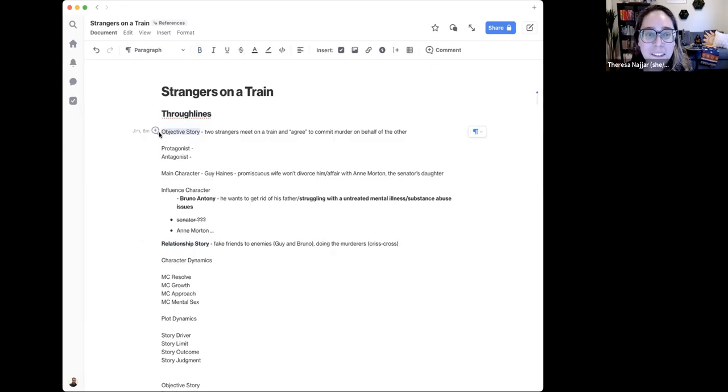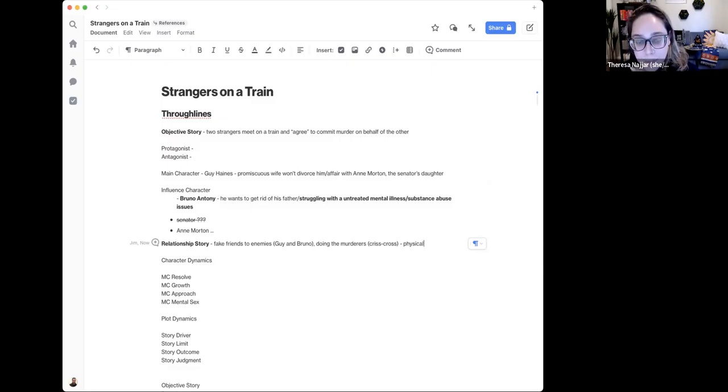Well, I thought the objective story was a little different. Well, I think the plot is there, but I personally don't think that's what Hitchcock is trying to say with his objective story. But anyway. I kind of saw their relationship as physical, like even in the end, they get in this fight, fisticuffs on the Ferris wheel.